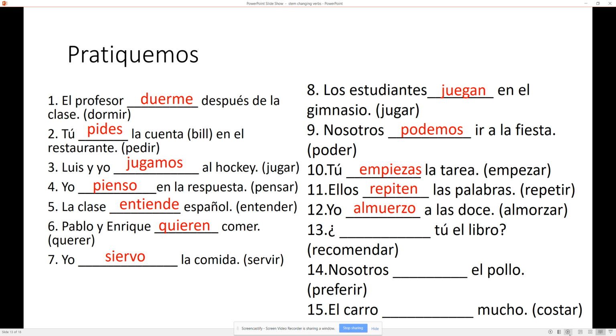Yo almuerzo a las 12, so I have lunch at 12. ¿Recomiendas tú el libro? So do you recommend the book? Nosotros preferimos el pollo, so we prefer the chicken. And the car costs a lot. El carro cuesta mucho.